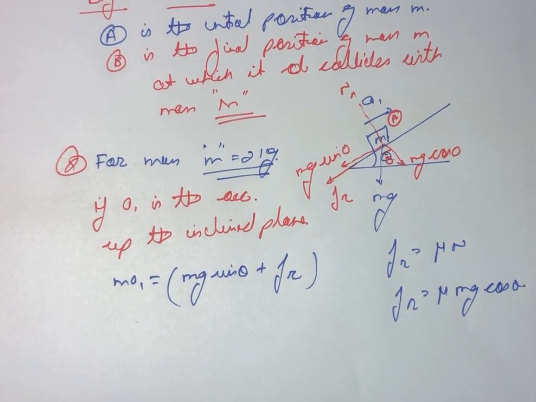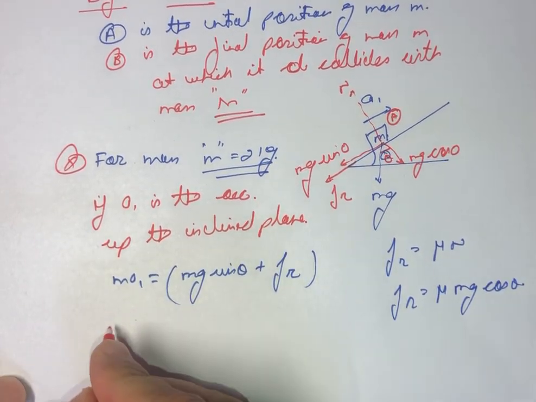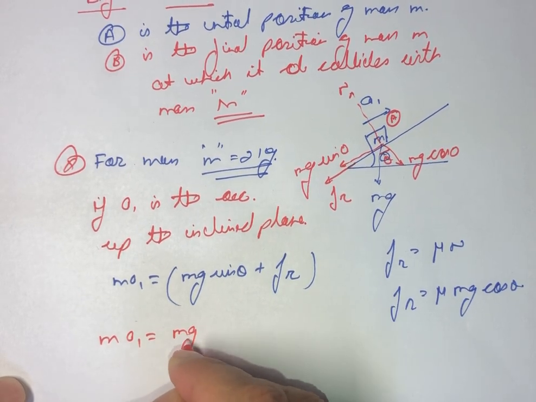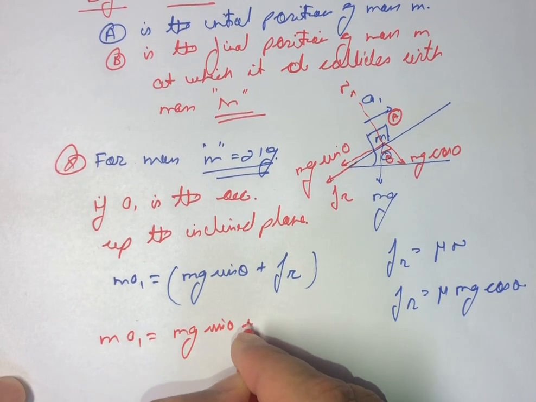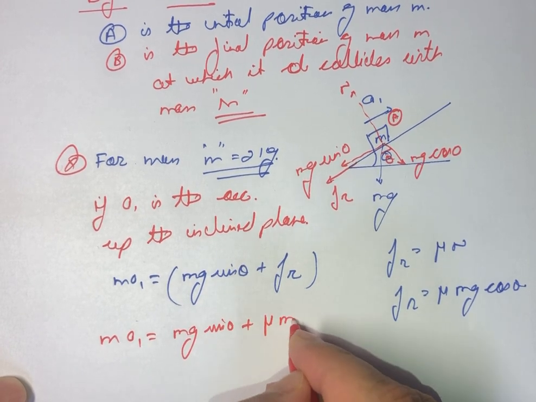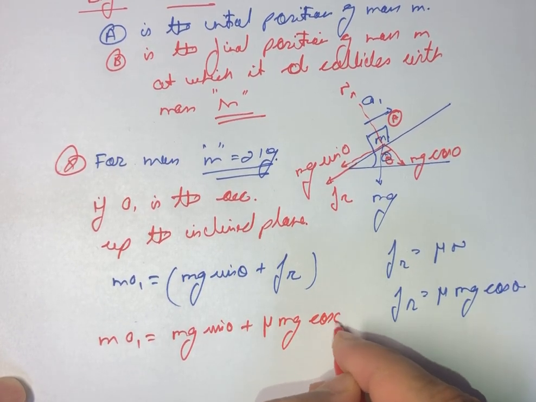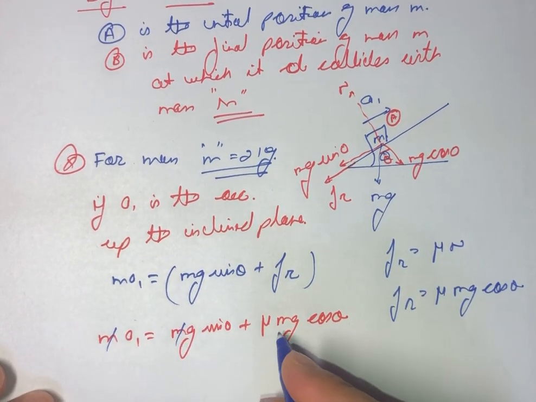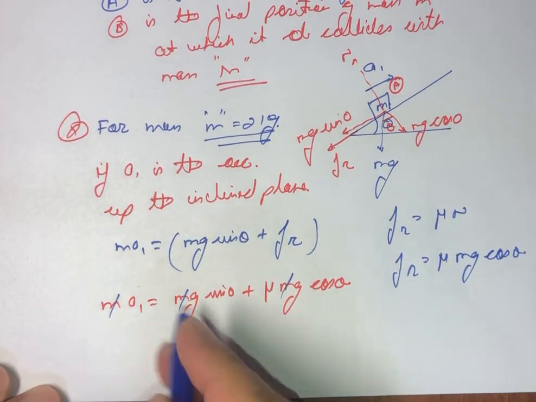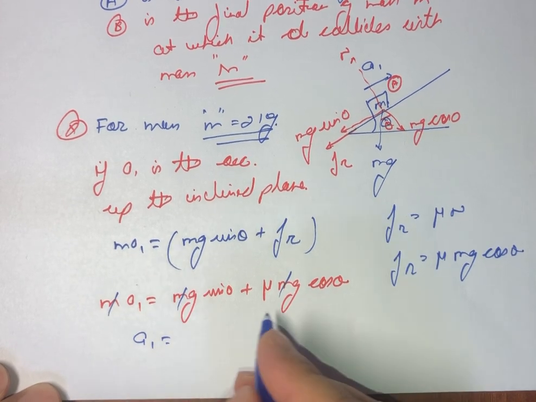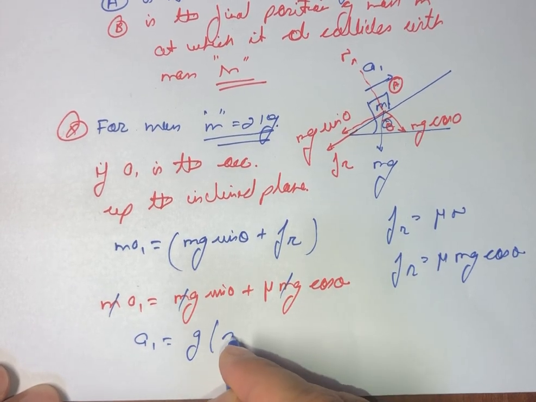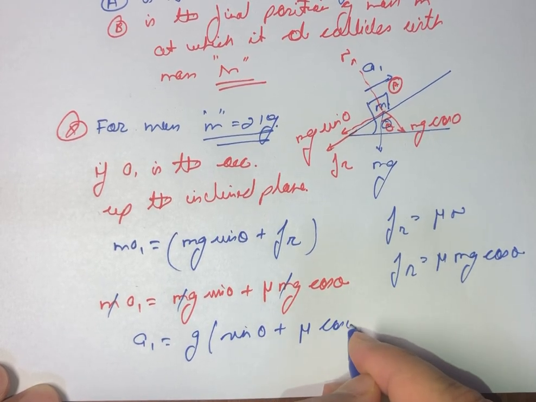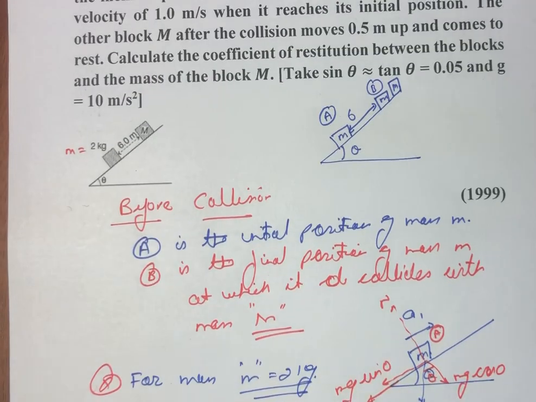So we substitute the value of Fr, we get m a1 equal to mg sine theta plus mu mg cos theta. m cancels throughout, so we get acceleration a1 equal to g times sine theta plus mu cos theta.